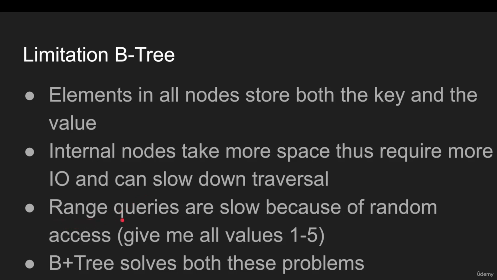Another limitation of the BTree is range queries are slow because of the random access, because you're jumping back and forth. If I ask you, give me all the values between 1 and 5, and we're going to show you an example in a minute, then we're going to jump all over the place to find 1, and then find 2, and find 3, and find 4, and then find 5.